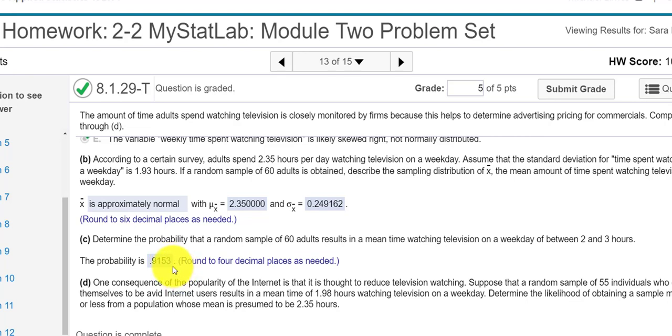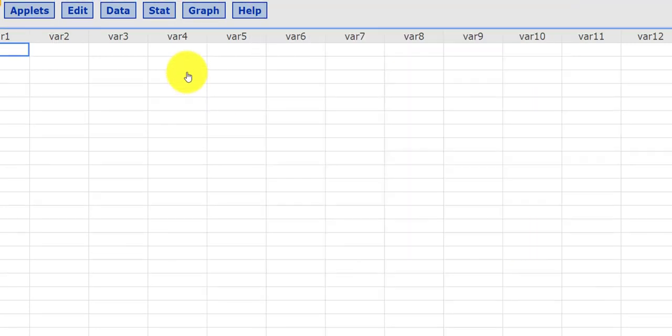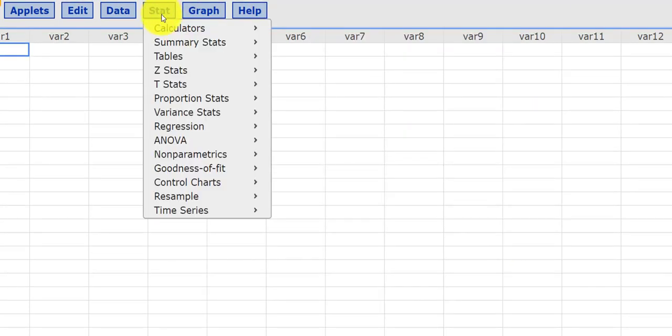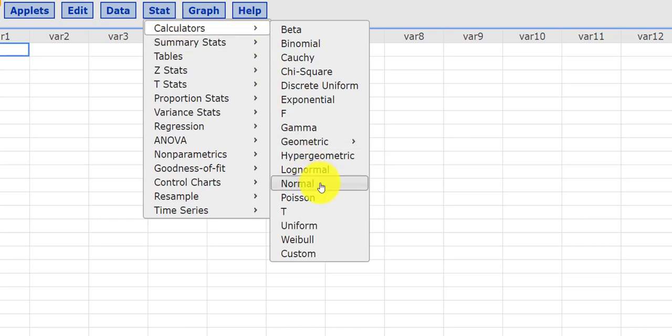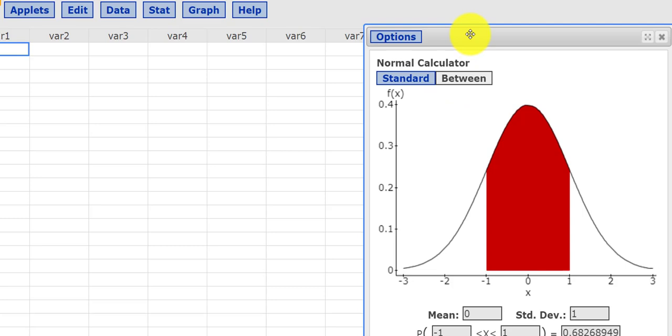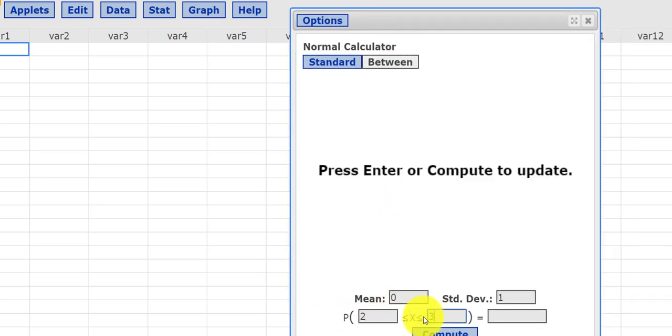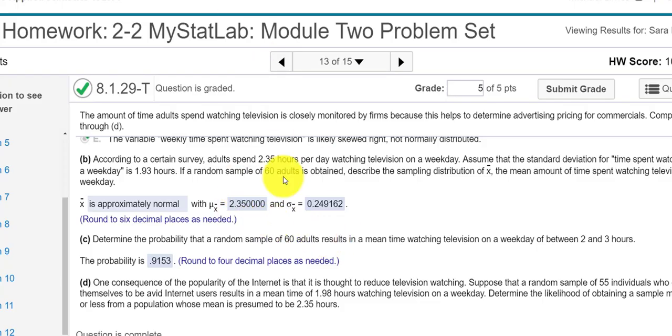So again, I just want to review the steps to bring up that normal calculator, right? I have it here, but pretend you didn't see this. Just remember, you'd have to press Stat, Calculators, Normal, and for part C, we had to go between two values, and then I entered, I think it was between 2 and 3, right? And the mean that we had here was 2.35, right?